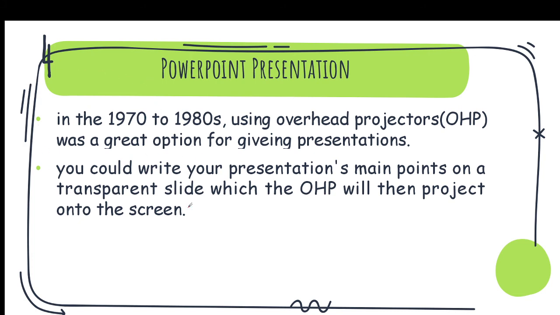This is an OHP slide, and we shall discuss this more in the next classes. So you could write your main points on a transparent slide, which the OHP, in other words the overhead projector, will then project on the screen.